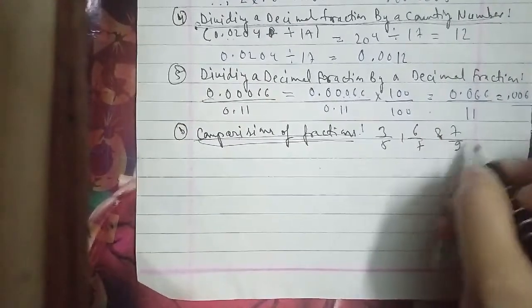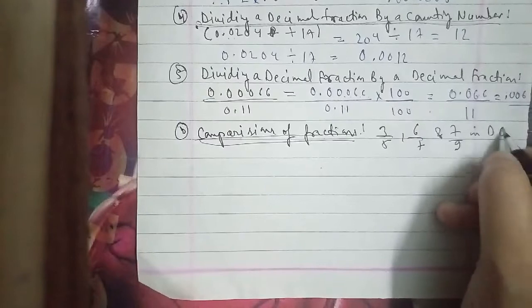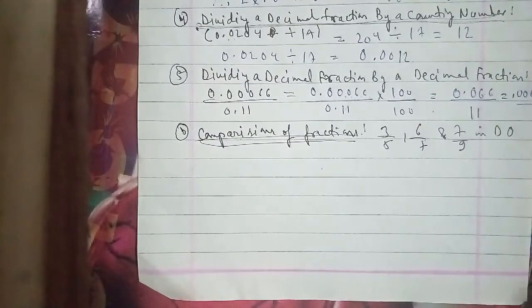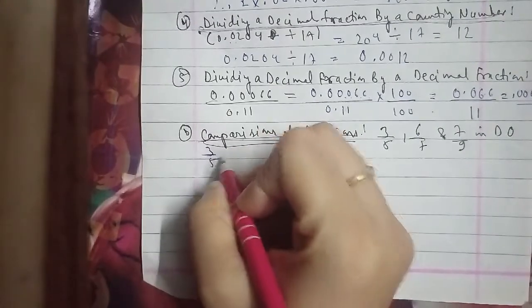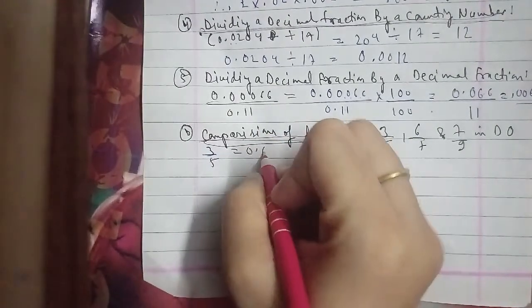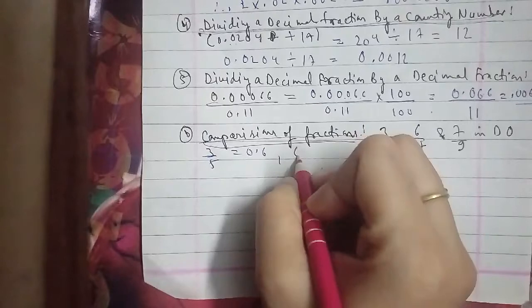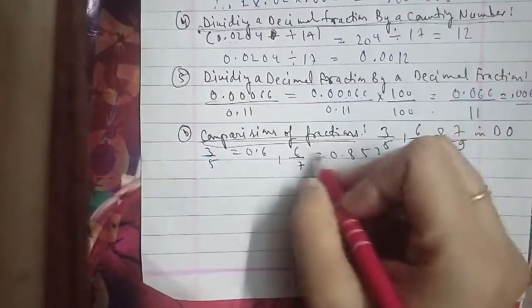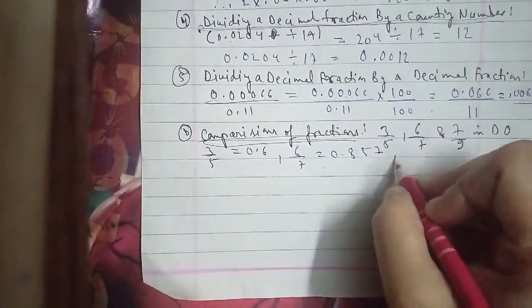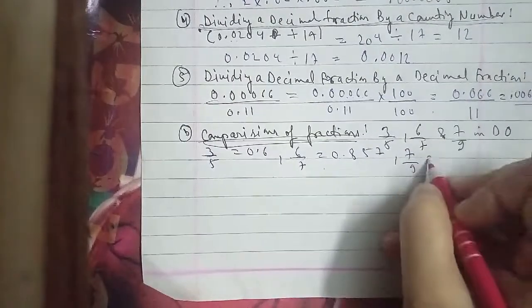So what we'll do now: 3 by 5 is equal to 0.6, and 6 by 7 is equal to 0.857, we had divided that, and 7 upon 9 is equal to 0.777 till infinity.